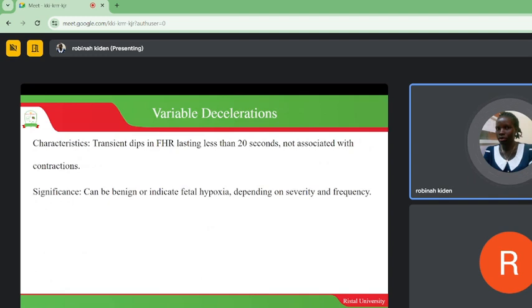Then let's look at variable decelerations. What are the characteristics? There are transient dips in fetal heart rate, which last for less than 20 seconds, not associated with the contractions. The significance can be benign or indicate fetal hypoxia depending on severity and frequency.